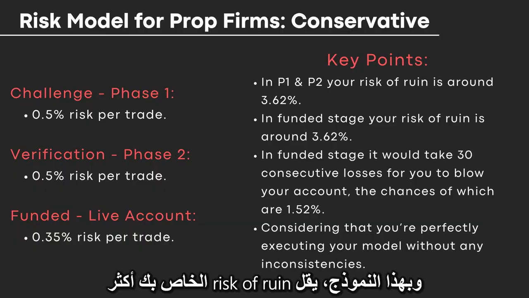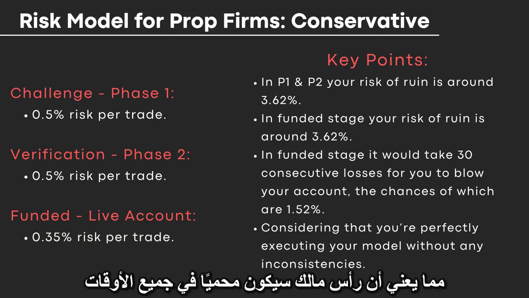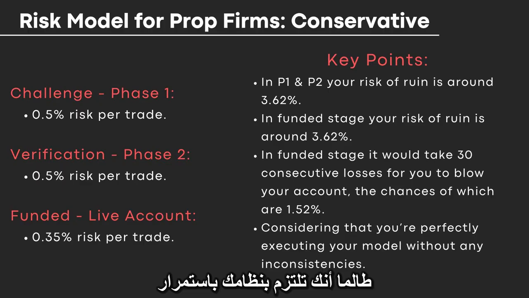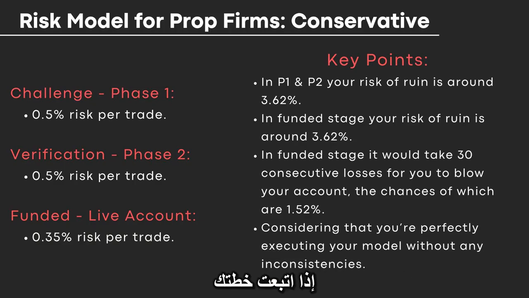With this sort of model, your risk of ruin decreases even more and almost reaches zero, meaning your capital would be protected at all times and you'll never reach the maximum drawdown limits as long as you stick to your system consistently and don't make any irregularities or mistakes. And in funded stage, it would take you at least a losing streak of 30 trades to blow your account, which is highly unlikely and nearly impossible if you follow your plan thoroughly.